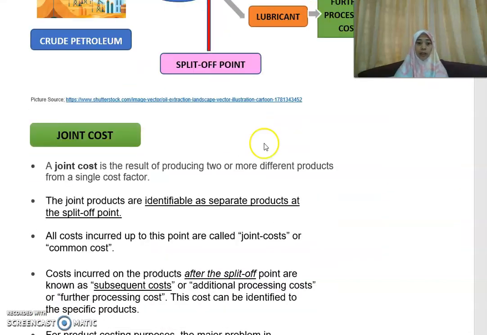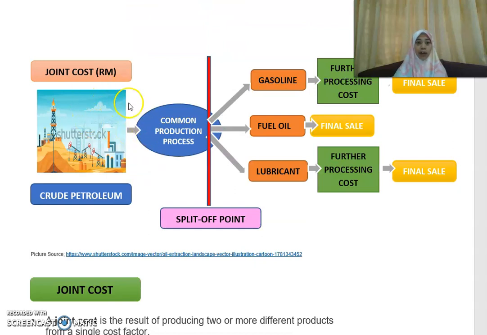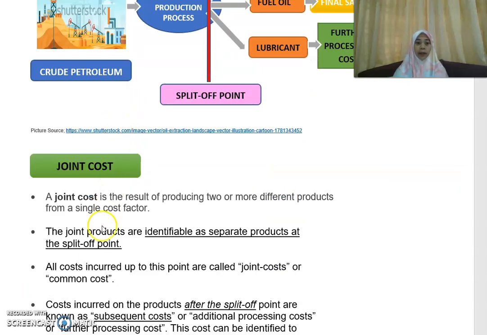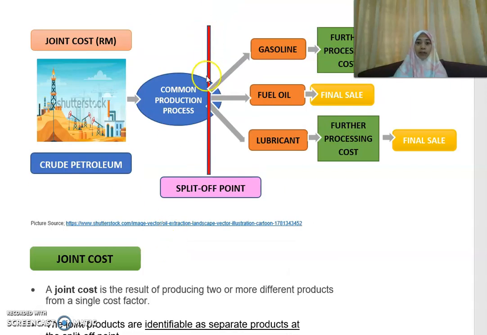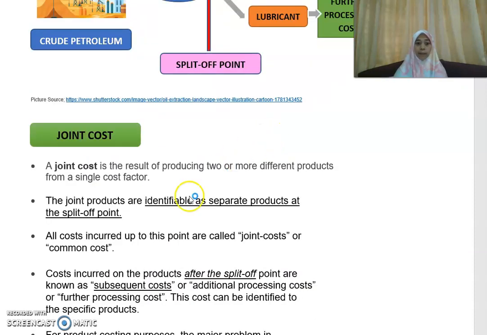Okay, what is joint cost? A joint cost is the result of producing two or more different products from a single cost factor. Like you see from here, you have a joint cost. The joint products are identifiable as separate products at the split off point. Only after the split off point can you identify your products. All costs incurred up to this point are called joint costs or common costs.